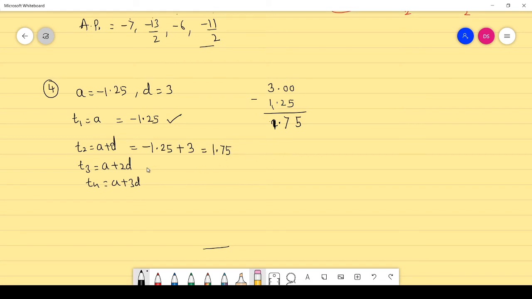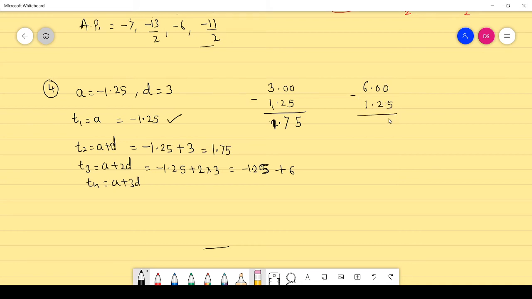Now next, the third term is equal to what? A plus twice d. A is minus 1.25 plus 2 into d, which is 3. So that is minus 1.25, the decimal point is very important, plus 2 threes are 6. So 6 minus 1.25. I'm solving this. 6.00 minus 1.25.